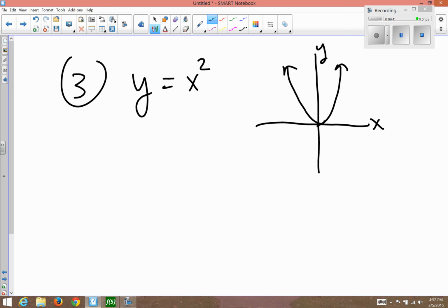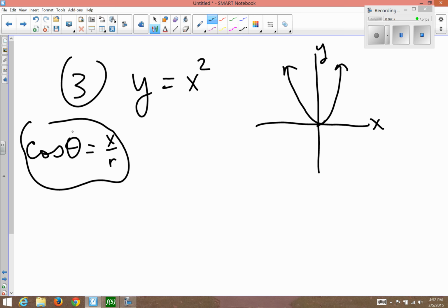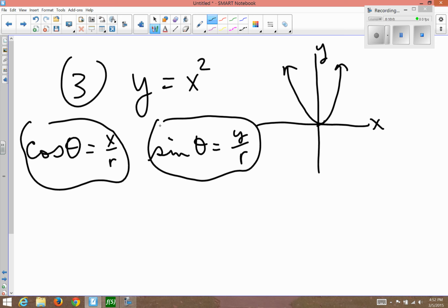So here are the keys to this polar coordinates topic. The definition of the cosine of an angle is x over r. And the definition of sine theta is y over r. You can think of adjacent over hypotenuse, and opposite over hypotenuse, but you'll need to use these.